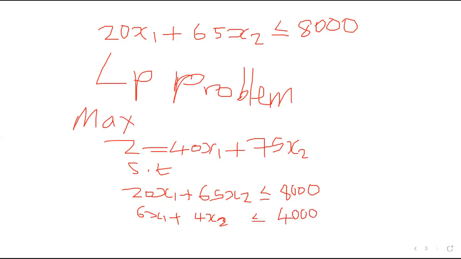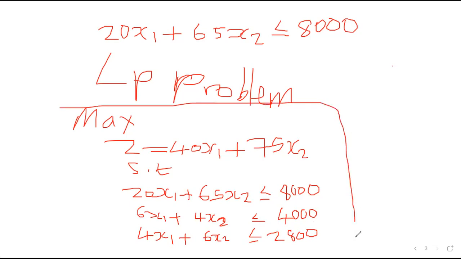Then the other one, we are simply saying 4x1 plus 6x2, which should be less or equal to 2,800. So this is the LP problem.